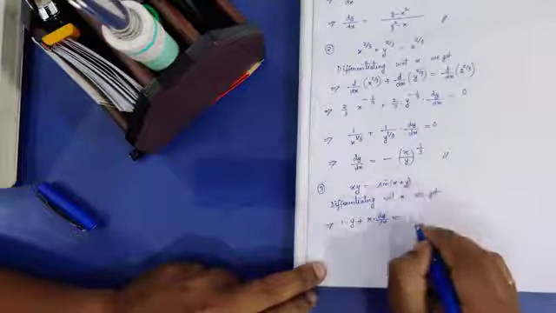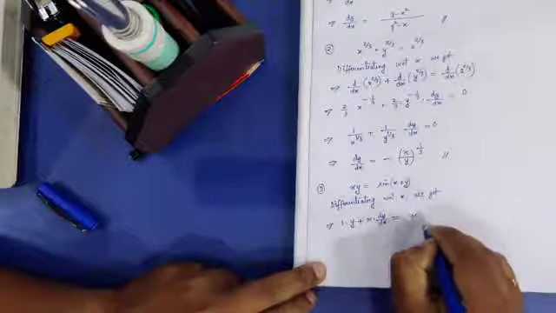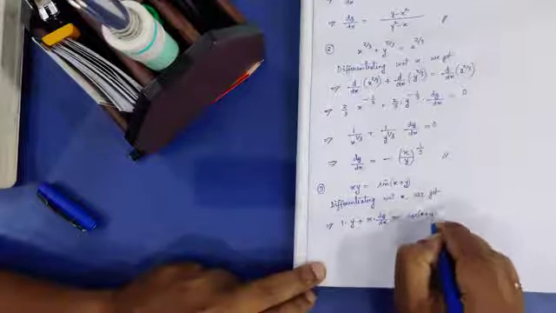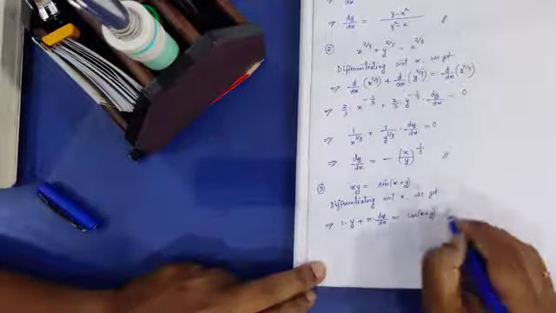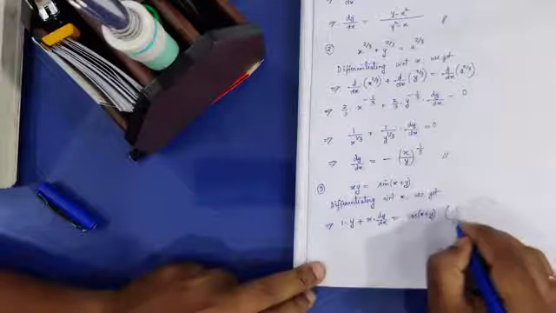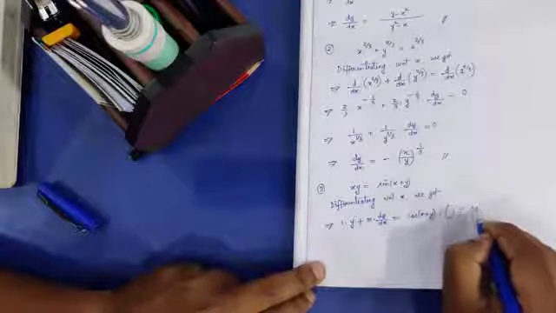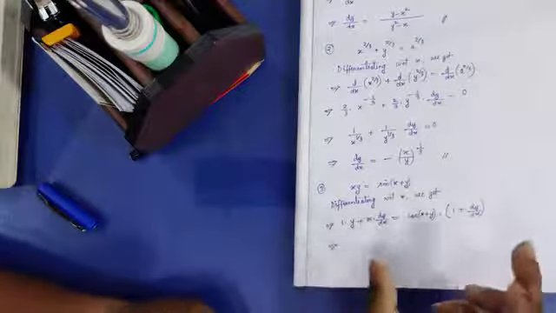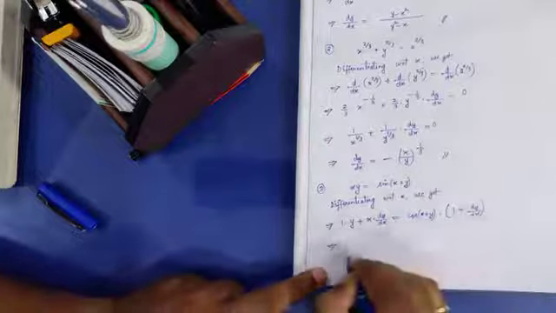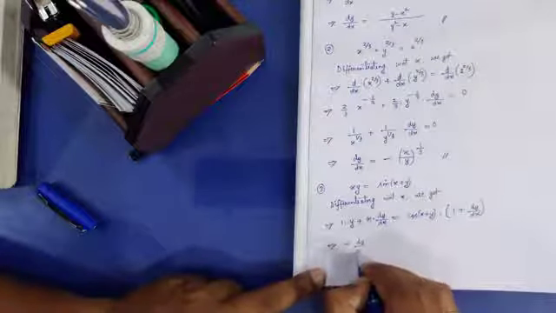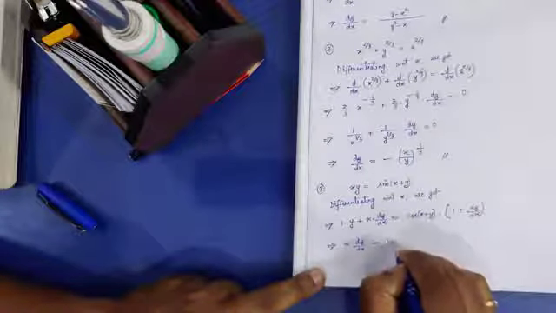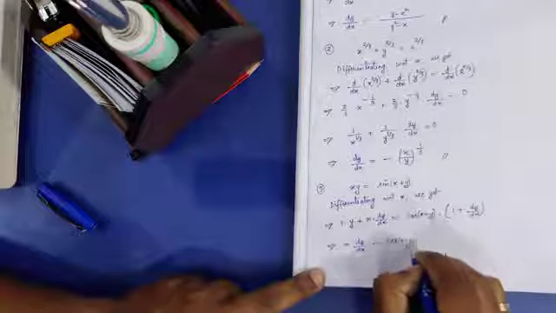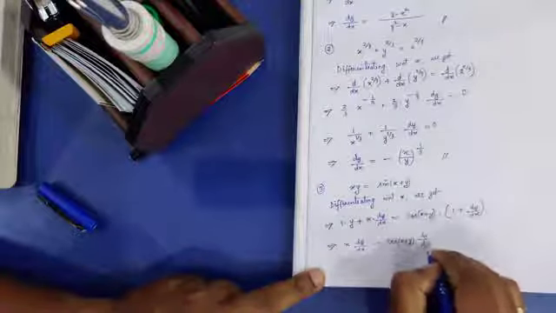For sine theta, the derivative is cos theta. For the sine function the derivative is cos. Now move inside: for x the derivative is 1 and for y it is dy by dx. Now we will collect all the terms involving dy by dx. x dy by dx is there, and this is cos of x plus y times dy by dx. So minus cos of x plus y multiplied by dy by dx.